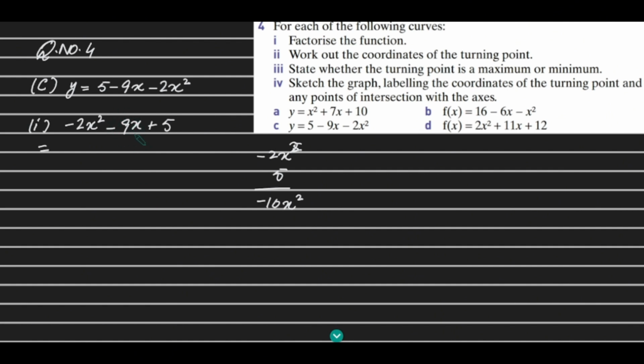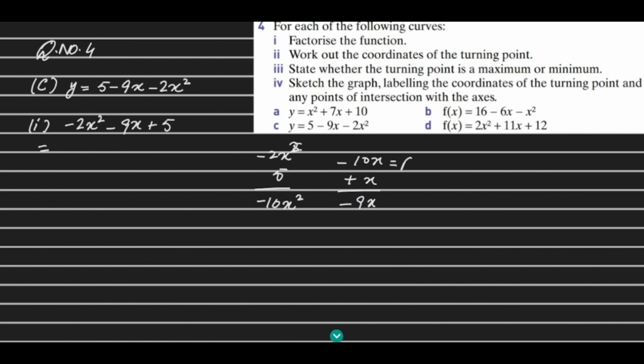What should be the pair that satisfies the middle term? We write minus 10x plus x. When we add, we get minus 9x, where the sign is that of the greater term, minus, 10 minus 1, minus 9x, which is equal to b.